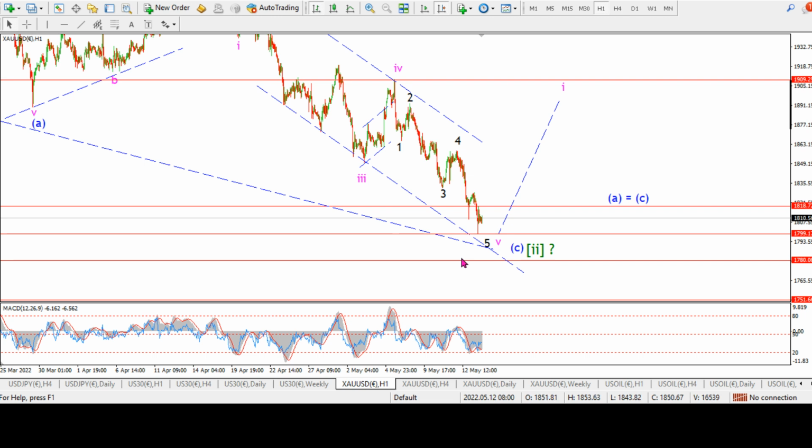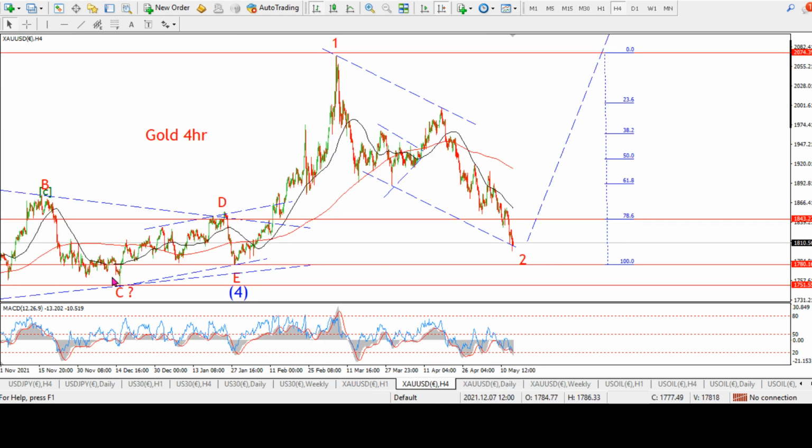The only caveat I have here is that we must hold above 1780 in the short term for this particular version of the count to remain valid. If we break 1780, I can revert back to another version of this wave 1 rally. So we can actually start the wave 1 rally back here in 1751.